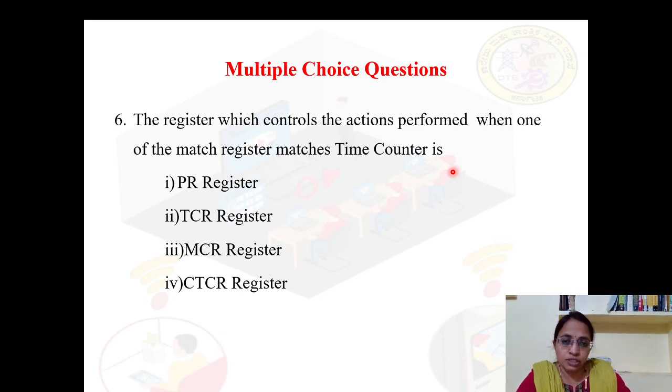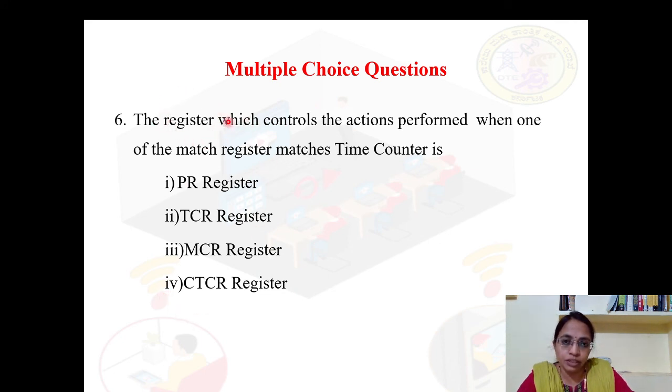The next question is, the register which controls the actions performed when one of the match registers matches the timer counter is. Prescale register, timer control register, match control register or count control register. So which is the correct answer? So what is the question?